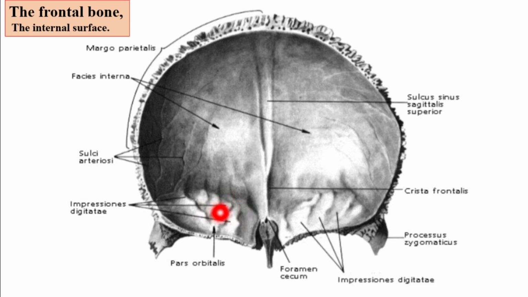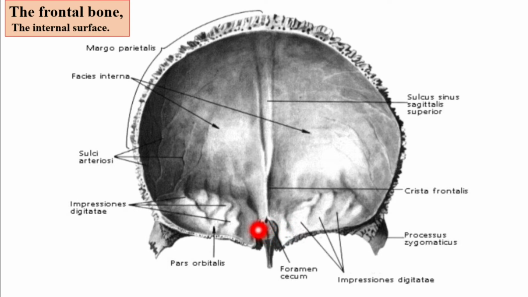So this is the cerebral part. You can see the impressions here, impressiones digitatae. And also a continuation of this superior sagittal sinus is called what? A crista frontalis. That's the frontal crest. And here there is a blind foramen.